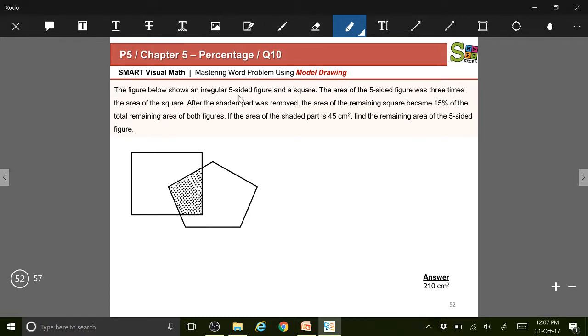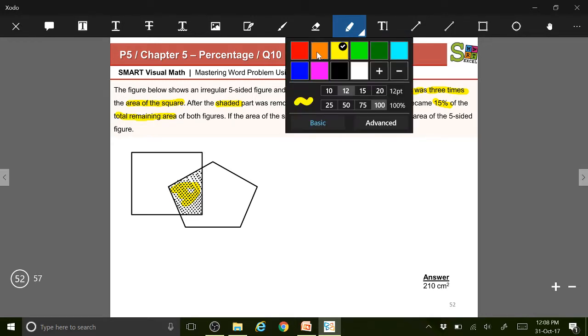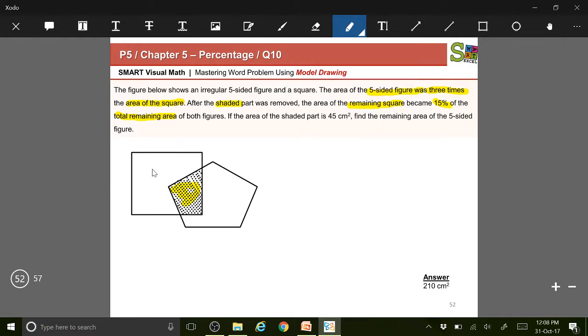So they have an irregular five-sided figure and a square, as what we see in this diagram here. The area of the five-sided figure is 3 times the area of the square. After the shaded part is removed, which is this part, the area of the remaining square became 15% of the total remaining area.